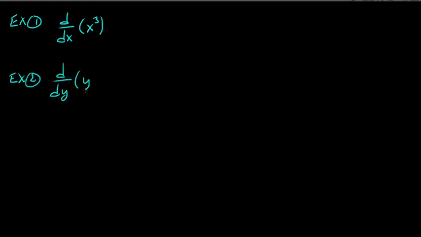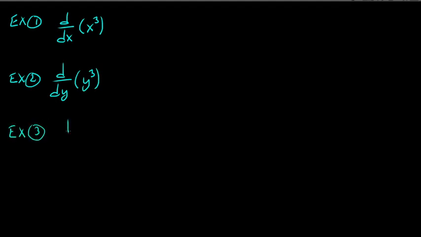I'm going to give you three examples. The first one is to take the derivative of x cubed with respect to x. The second example is to take the derivative of y cubed with respect to y.